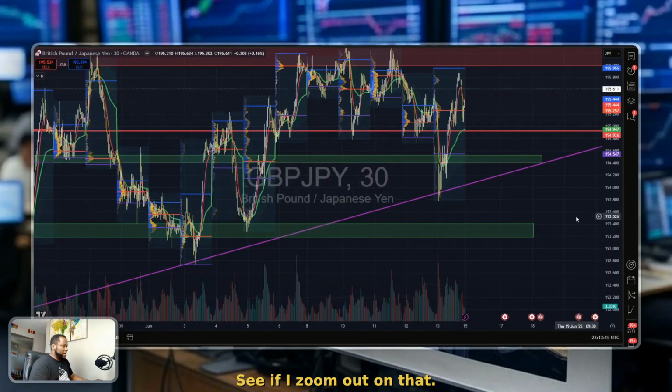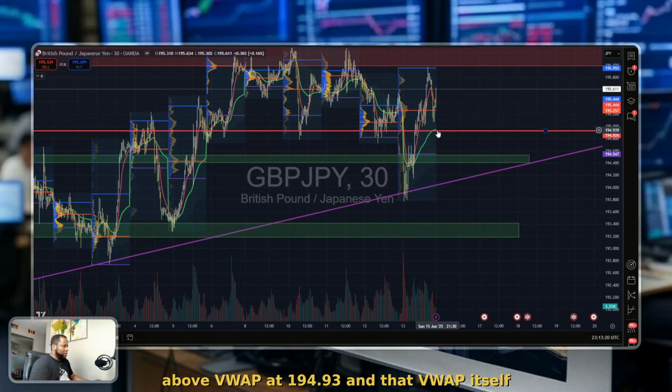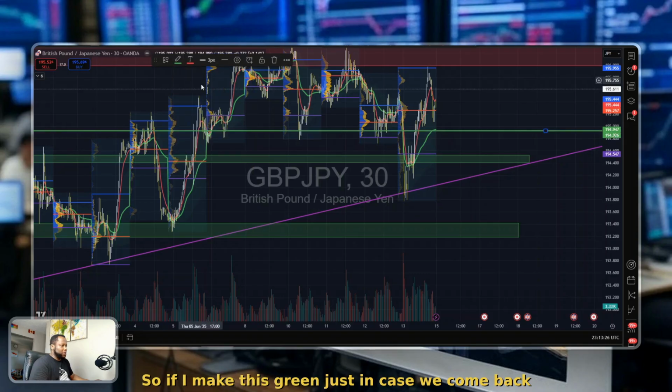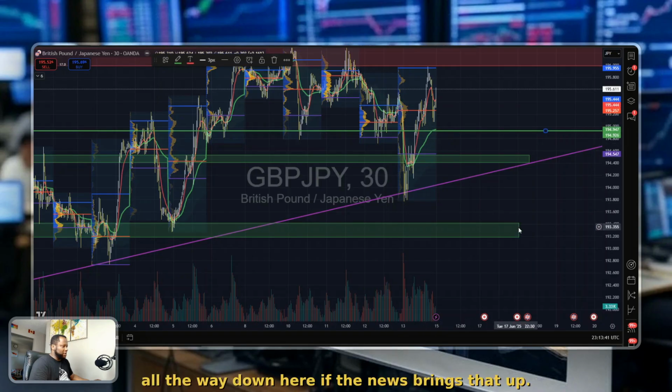So if I zoom out on that, as I said, we're currently above VWAP at 194.93, and that VWAP itself acts like a kind of support. So if I make this green, just in case we come back here, there's possibly going to be a support area here, bounce back and retest the 9 EMA. If that is not possible, and there's a high sell area, that means price is going to come back all the way down here if the news brings that up.